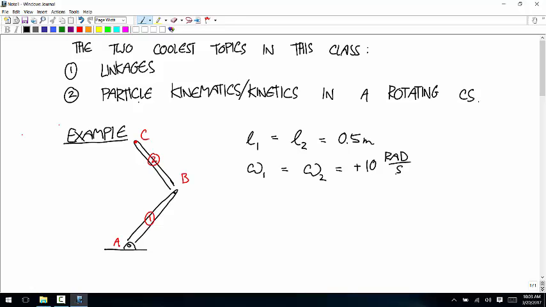What? That would be if it was 1 radian per second. No, 10 radians per second. Oh yeah, I did the inverse. So it's going like 1.5 revolutions every second, something like that.